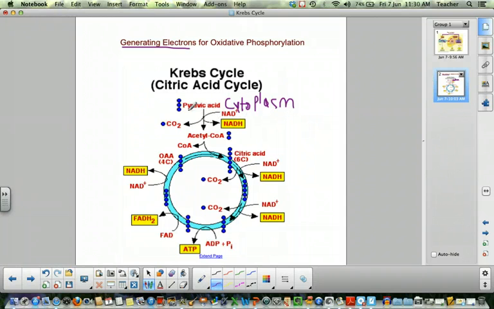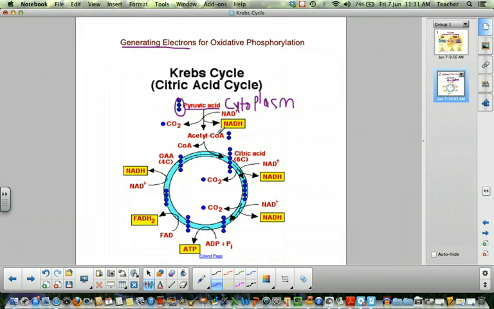It's going to go through a change from a 3-carbon compound. As you can see here, these blue balls represent carbons. Remember that glucose was a 6-carbon compound, pyruvic acid or pyruvate, remember those are interchangeable, are 3-carbon compounds. And don't forget, we produce 2. This is only 1. We'll talk about that in a second.